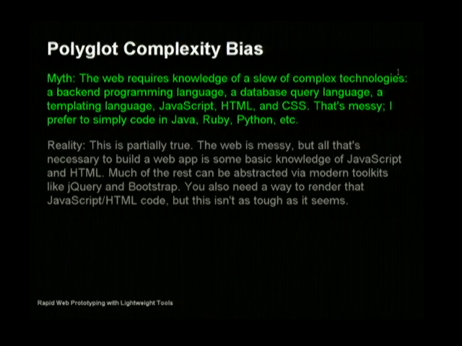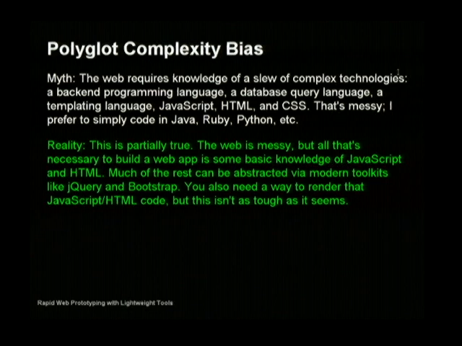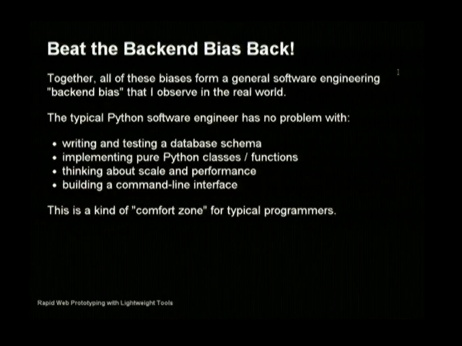So now you've got 5 programming languages in your head, and it just seems really messy. It would be better if you could just write Python code all day. And this one's pretty true. But what I'll show you here is that frameworks on the JavaScript side, like jQuery and Bootstrap, abstract a lot of this messiness from you. And so you don't really have to know that much about them in order to do good work.